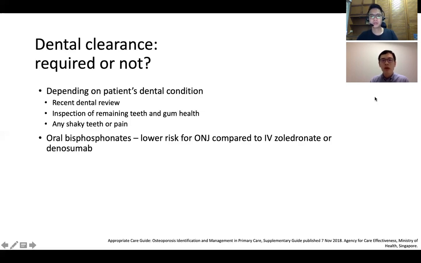If any patient is already on bisphosphonate and has a tooth extraction, the risk is like a 0.5% or 1% risk of getting osteonecrosis of the jaw. It's usually with invasive dental procedures where there's exposed bone, like extraction, dental implants, or more invasive periodontal surgery. Cleaning, scaling, polishing and root canal are actually not associated with ONJ.